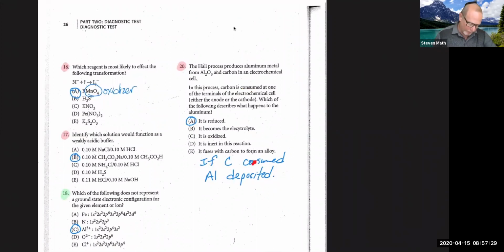So if the carbon is consumed, the aluminum at the other is going to be deposited. If the aluminum gets deposited, what do I mean by that? What I mean is Al3+ is being deposited as Al. This reduction is happening. So we could have figured it out. It's not going to show up on this year's exam, but it's an interesting kind of question.